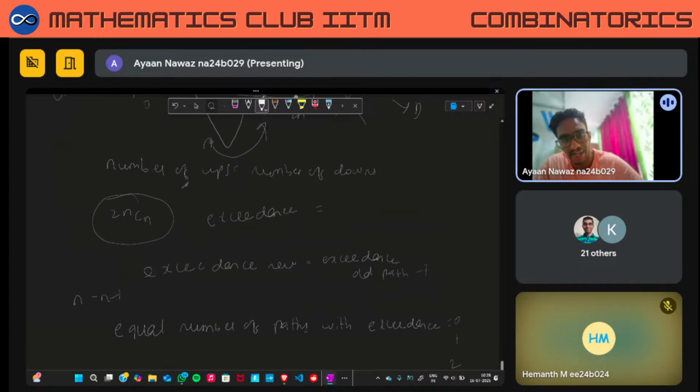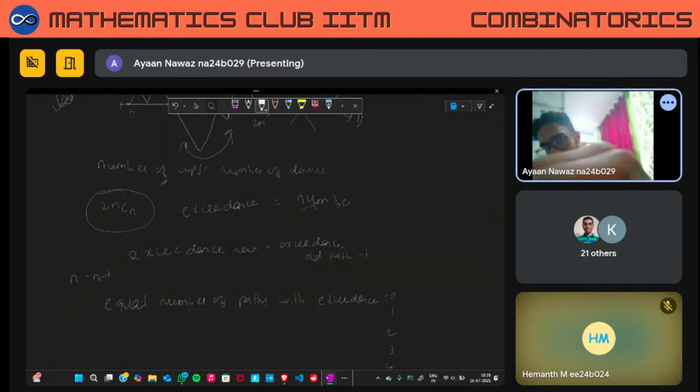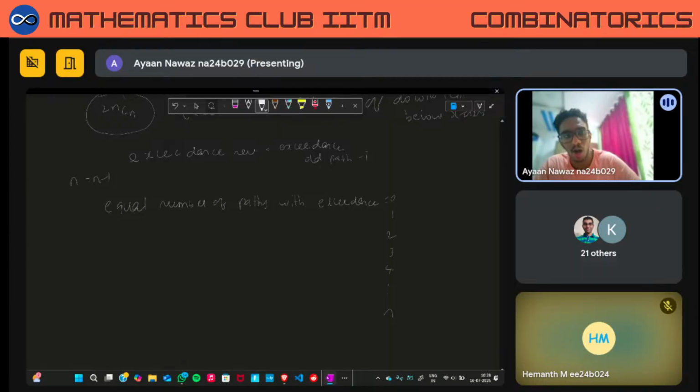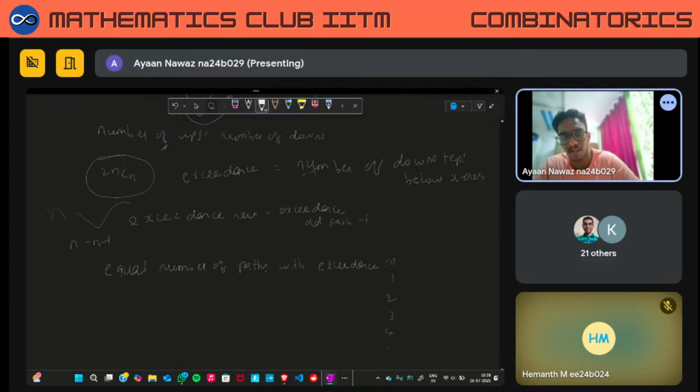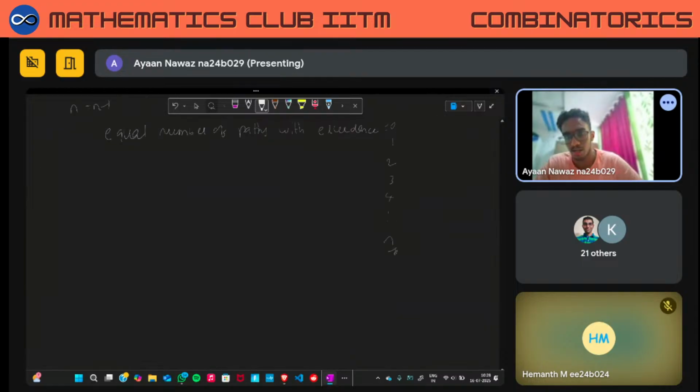You can have a maximum of n down steps, because you can have n down steps and then n up steps directly. That is the maximum exceedance path. So there will be n plus 1 sets in total, and all of them have an equal number of paths.